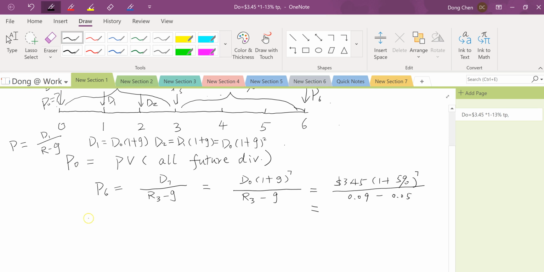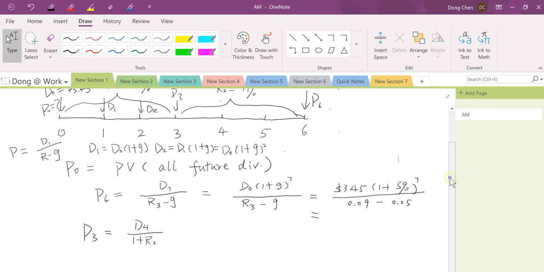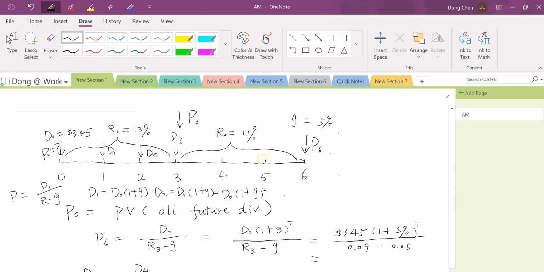So what we just talked about is P3 equals D4 over 1 plus R2... So what I meant is, your dividend is right here, that's D4, and your dividend is right here, D5, and finally your dividend is right here, D6.